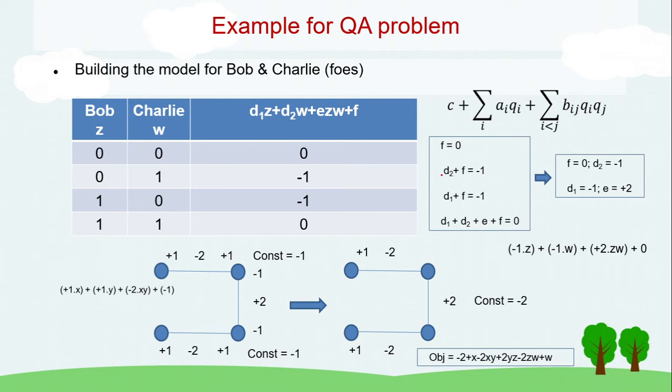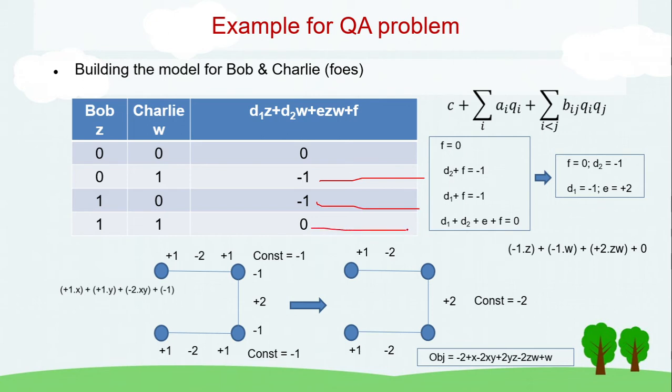This model equation has come from here, like in the previous case. Now we need to evaluate for the values of z and w, and we get 4 equations like this. The first case is z is 0, w is 0, so this will become 0, this will become 0, so only f is left out, f is equal to 0. In the next case z is 0, so nothing, w is there, so d2, this is 0, d2 plus f equal to -1. And similarly d1 plus f equal to -1.